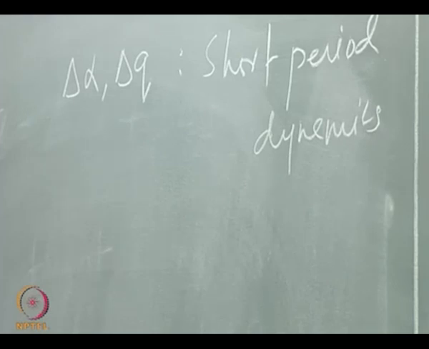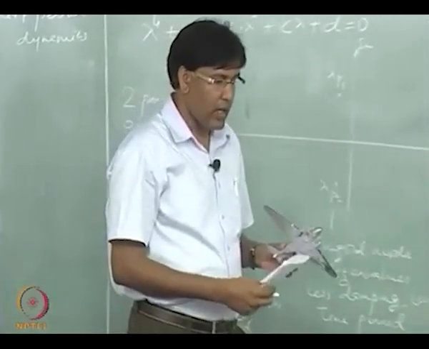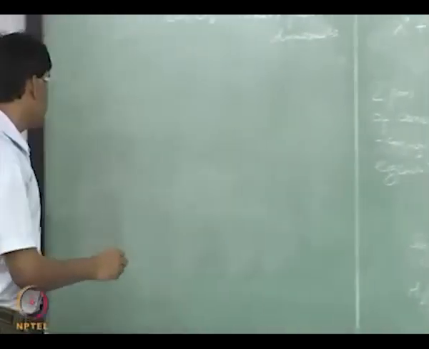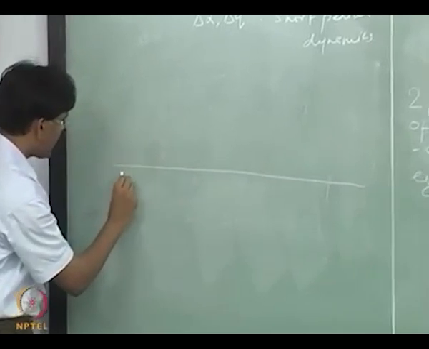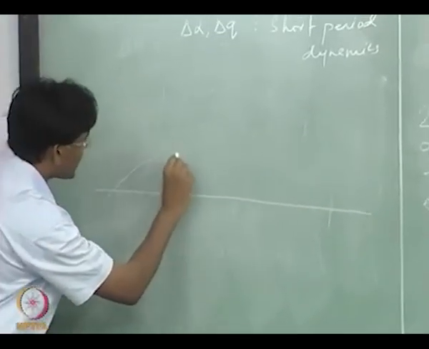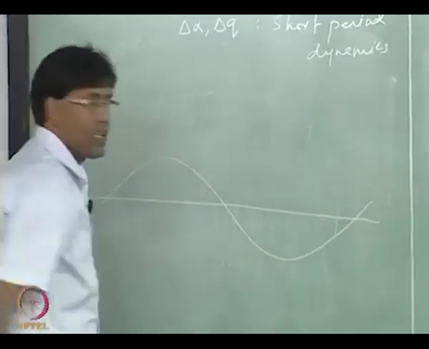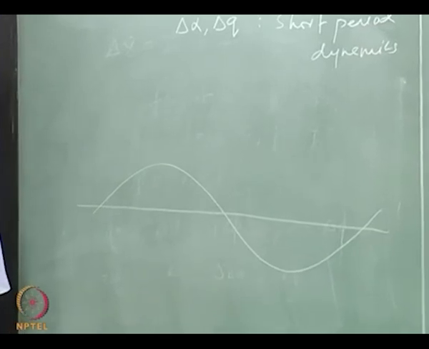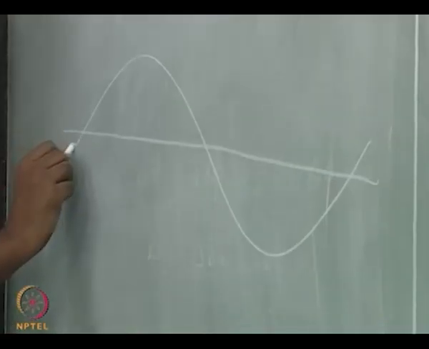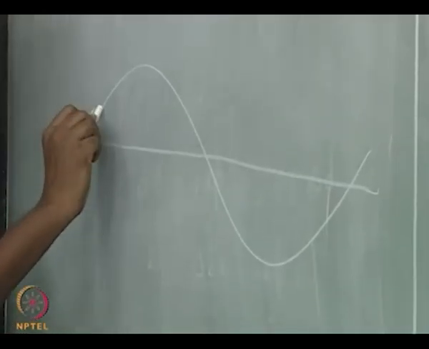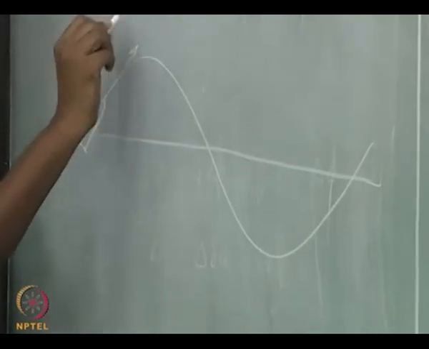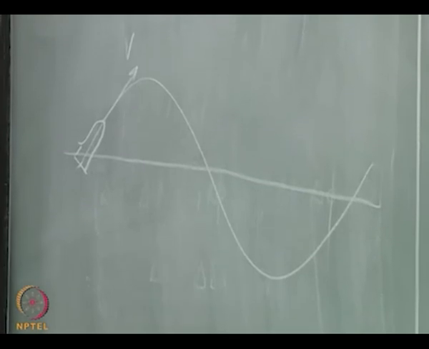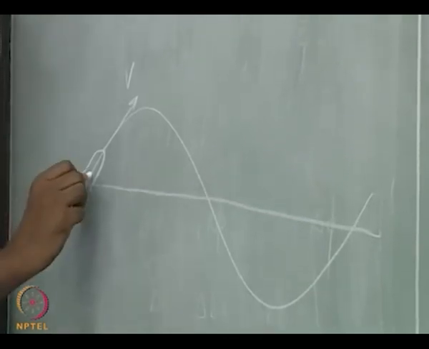The long period dynamics, or the phugoid, is the motion where the aircraft seems to be following this sinusoidal curve. This is the velocity vector at any point.